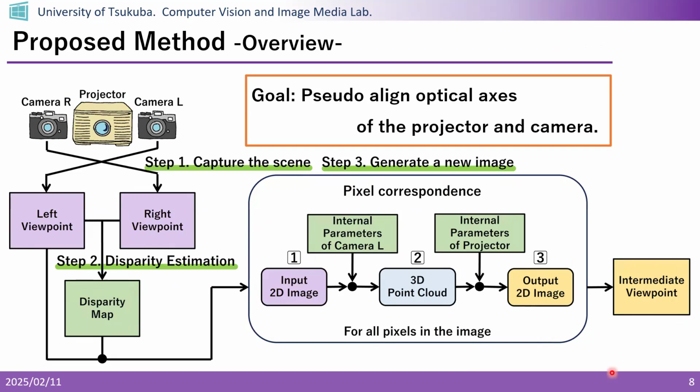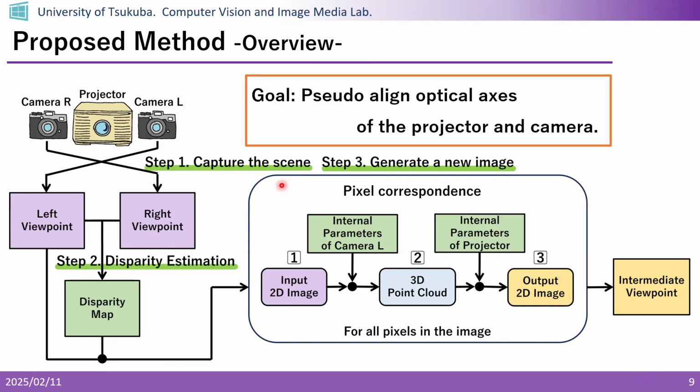Our research proposed a method of pseudo-aligning the optical axis of projector and camera by using intermediate viewpoint image generation. This is an overview diagram of the proposed method. There are 3 steps. We set up 2 cameras on both sides of the projector. Step 1.